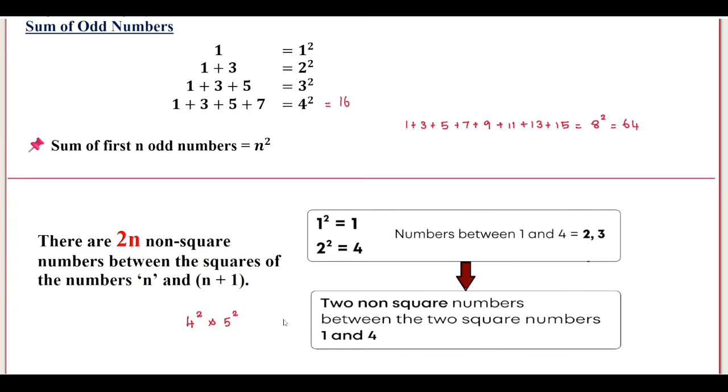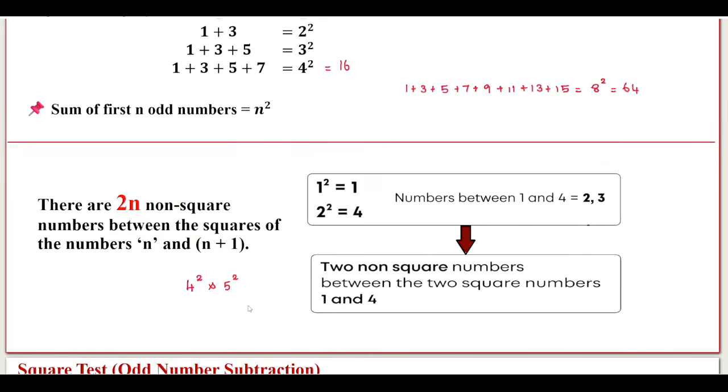After 16 means 17, 18, 19, 20, 21, 22, 23, 24. Small numbers you can count. If it's a big number, we no need to count and check. So the formula is 2n non-square numbers, where n is nothing but the first value. So directly we can multiply: 2 into 4, 2 fours are 8. There are 8 non-square numbers between 4 square and 5 square.